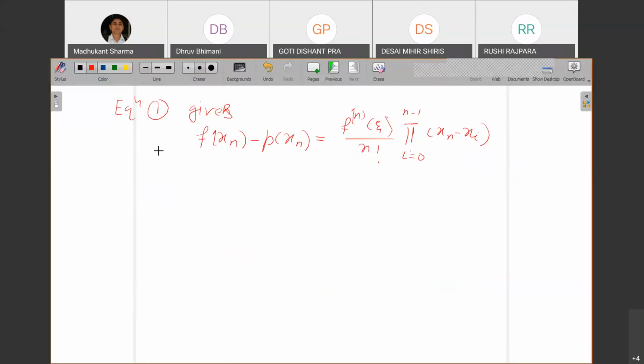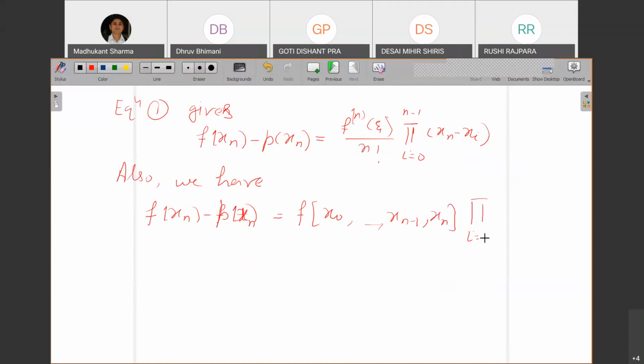Also, if you apply the previous result, we have f of xn minus p of xn. If you recall, f of t minus p of t equals f of x0 to xn minus 1, comma t, times the product for i equals 0 to n minus 1 of t minus xi, where t here is xn.